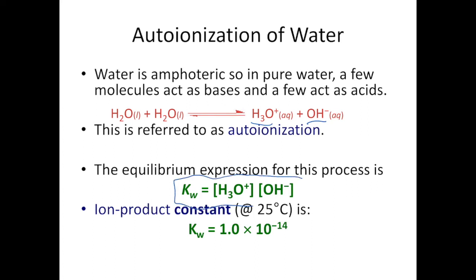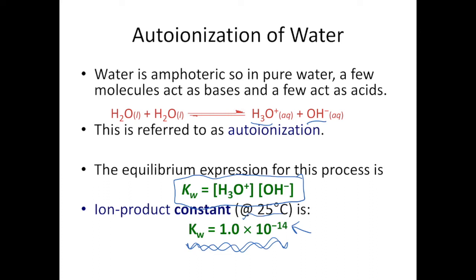What we end up with is an equilibrium expression for this process with a special value, Kw, just for water. And that Kw is always the same at room temp. It's 1 times 10 to the minus 14. Always. This is a constant that we're going to use over and over again. It's our autoionization of water.